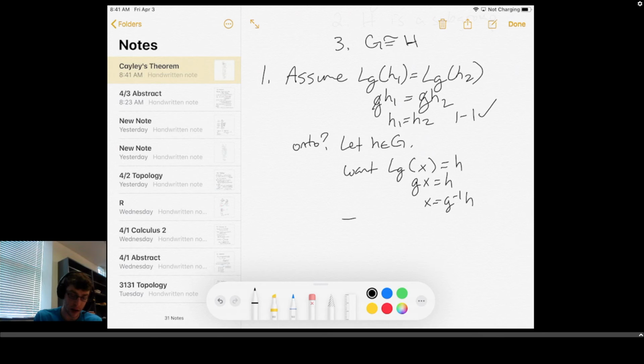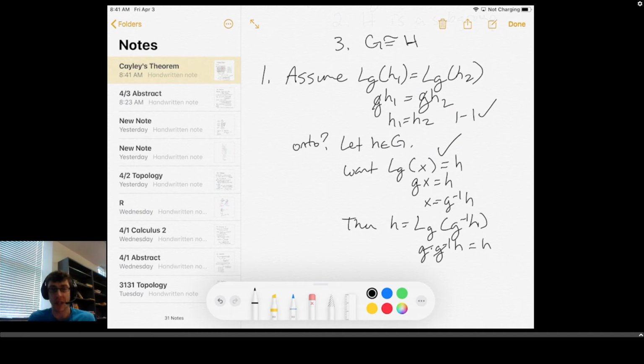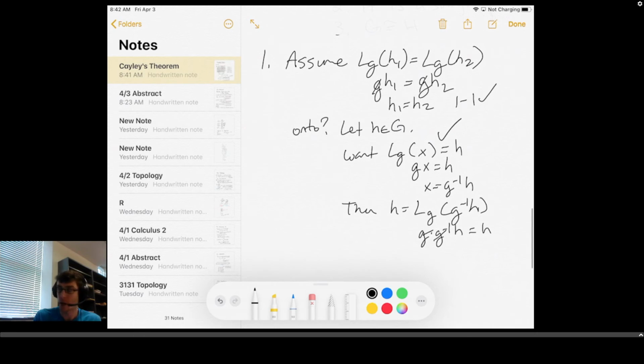And that is exactly right. Then h is L_g of g inverse h, because g times g inverse h, well, your g and g inverse cancel and you get h. So it's also onto. So these really are permutations. We're really getting a reordering of our elements of G. No two things are going to the same thing. Nothing is missed. It's a perfect reordering.